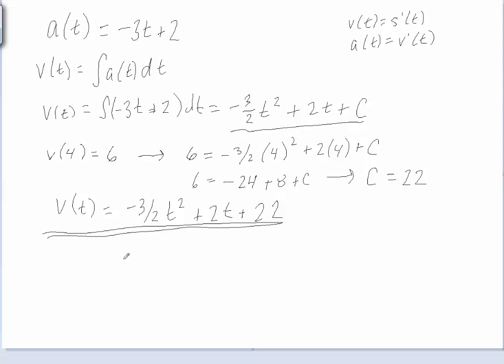And now again, since we know that velocity is the derivative of position, that tells us that we can find the position function simply by finding the integral of the velocity function. Again, because by definition, if this is the derivative of that, then the integral of this should be that. So s of t, we can find the position function by finding the integral of the velocity function.